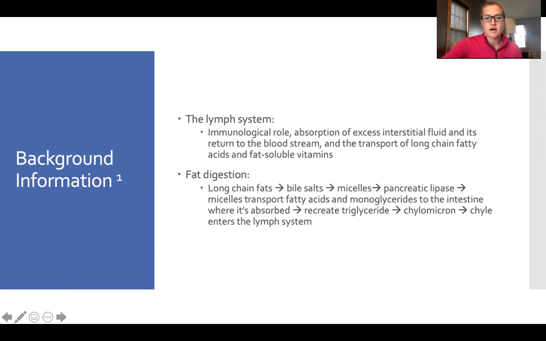Next, I would like to talk about fat digestion because chyle is primarily made up of fat. And so just to give you a brief overview, as food is ingested, lingual lipase, which is the secretion from your mouth, begins to work on the food.